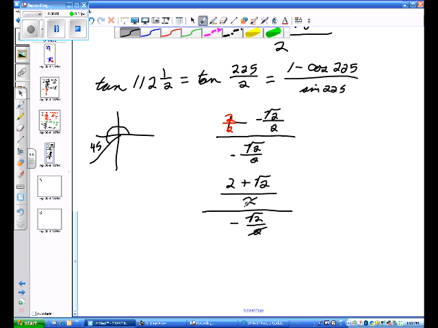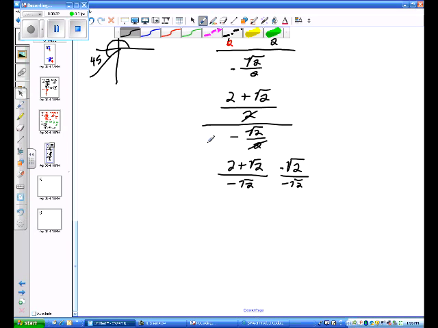So these 2's will cancel. We'll have 2 plus the square root of 2 over negative square root of 2. Now we're going to rationalize, so we'll multiply both the numerator and denominator by a negative square root of 2. I did that just so that my denominator would be positive.